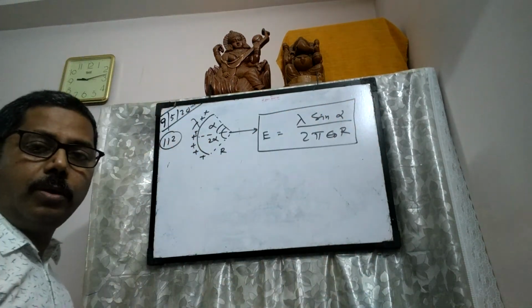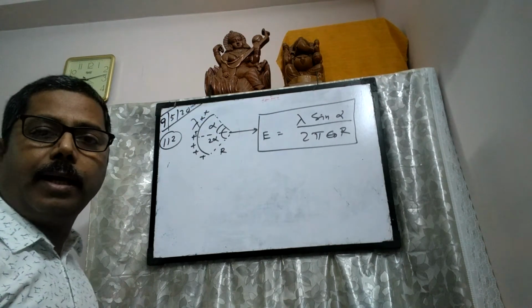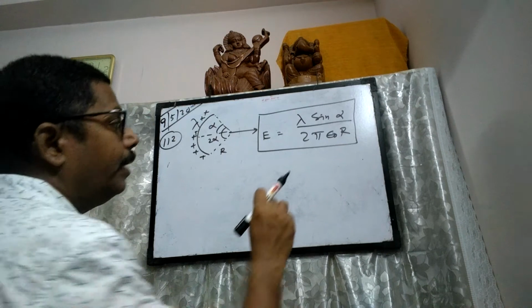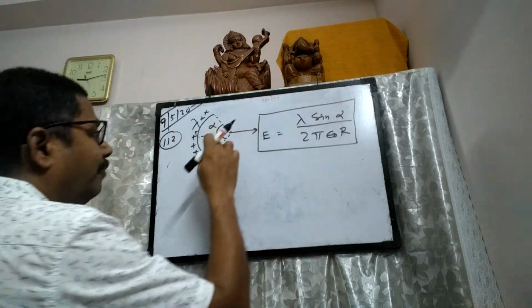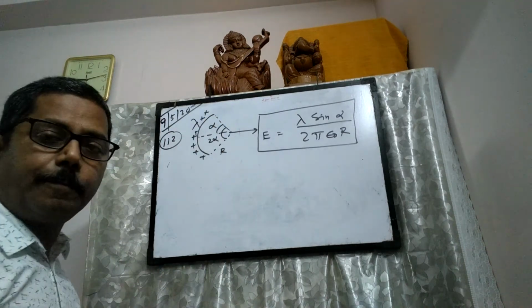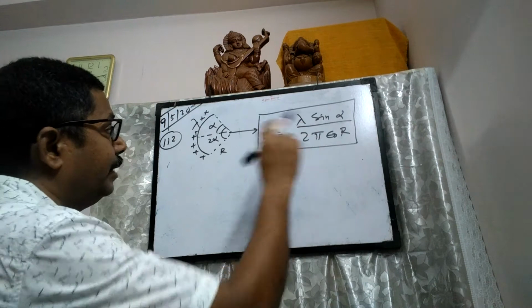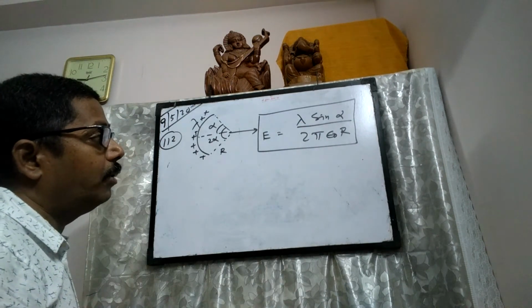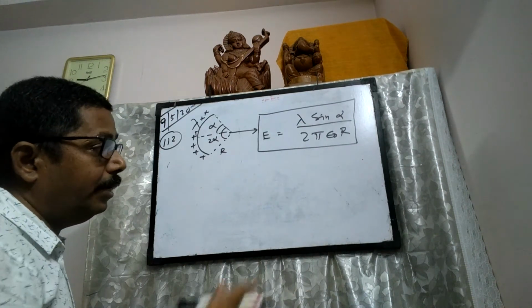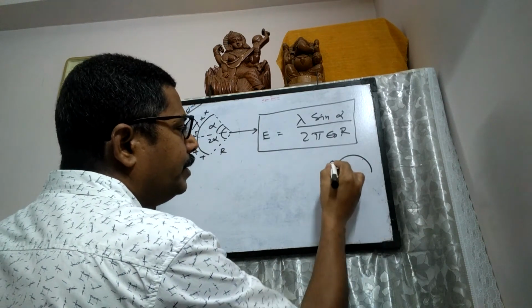E is equal to lambda sine alpha by 2 pi epsilon naught r, where alpha is half the angle subtended by the arc at the center. Okay, that is clear. So with that you can find out what will be the field when it is a semicircular arc.